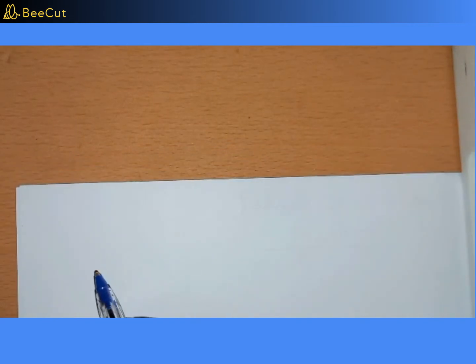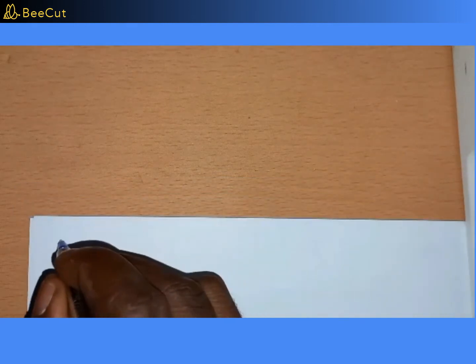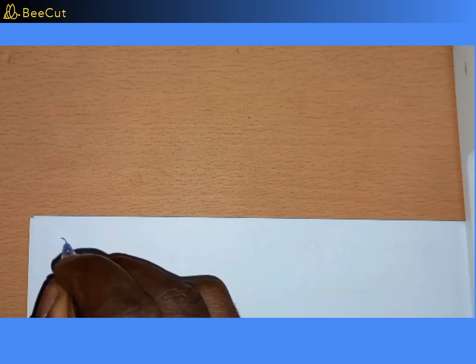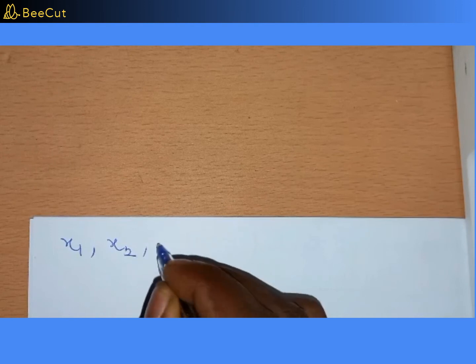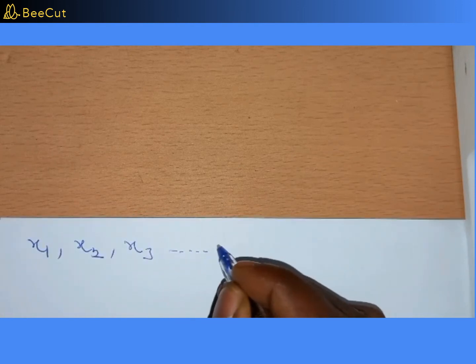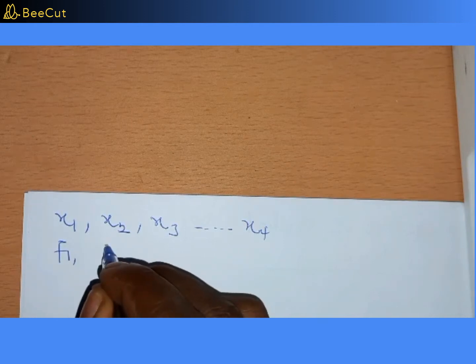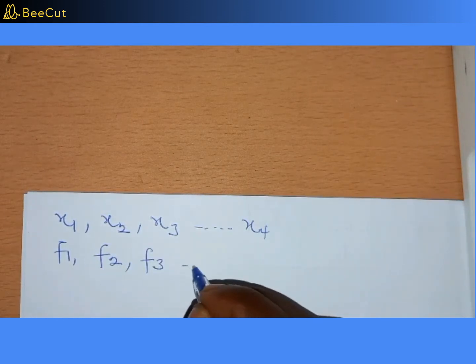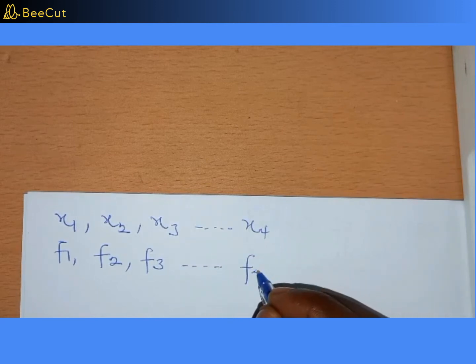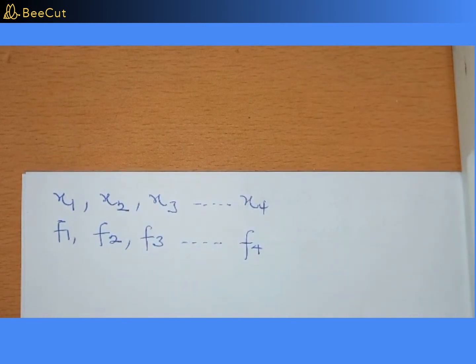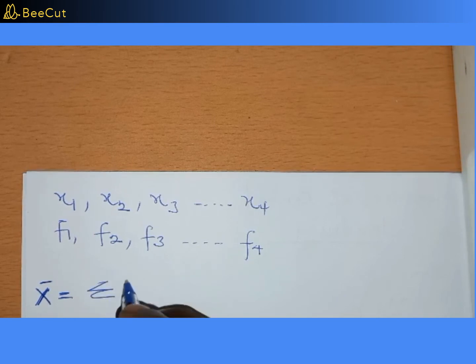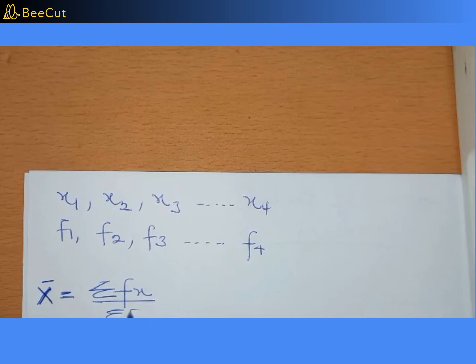If you are to find the mean from a frequency distribution table, then if the values of x, that is x1, x2, x3, and x4, occur with corresponding f values f1, f2, f3, f4, the mean from such a table is given by x bar equals sigma fx over sigma f.